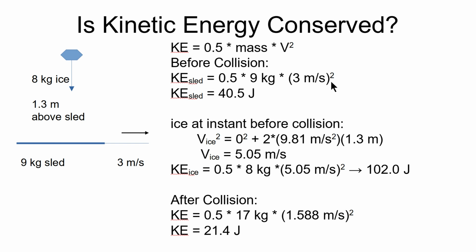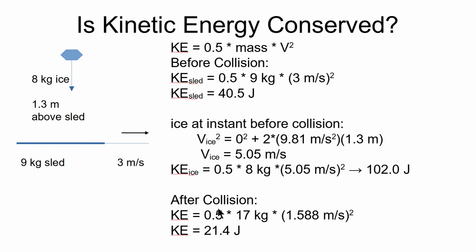The ice is also moving, falling down, and it has a kinetic energy, 1/2 mv squared, of 102 joules. And I'd remind you, kinetic energy is a scalar. Kinetic energy does not have direction. We have 2 pieces in our system here, the sled and the ice. They both have kinetic energy.